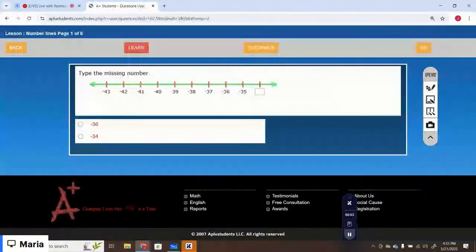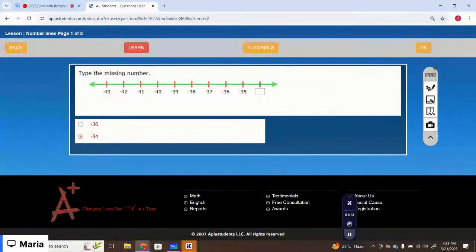Negative 35, negative 36, negative 37. The numbers are 35, 36, 37. So the number that is before negative 35 is negative 34.